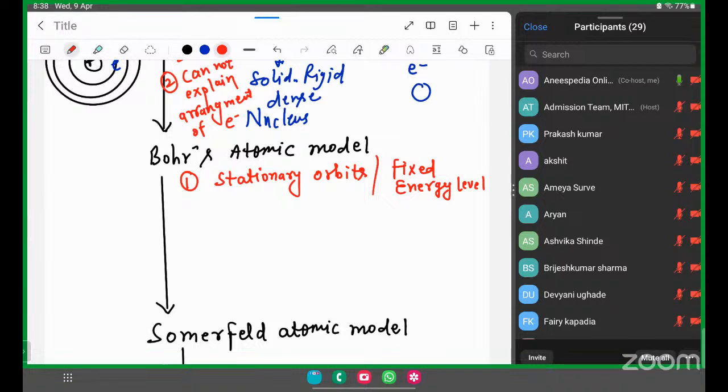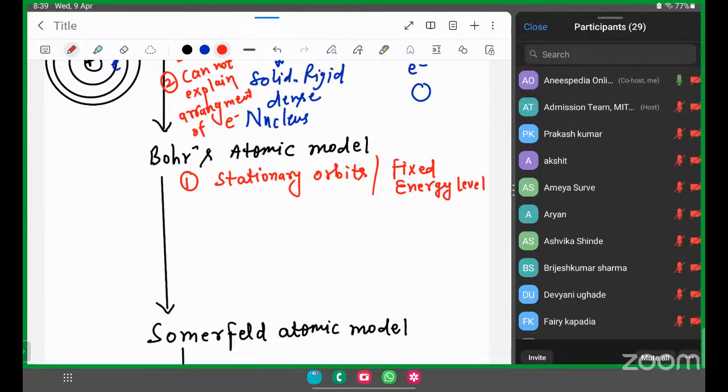So if there is an electron which is revolving in shell number one, its overall energy will be constant, and this amount of energy cannot be changed by itself. So electrons revolve in stationary orbit or fixed energy levels. These are known as stationary orbit or quantized energy level or fixed energy level.